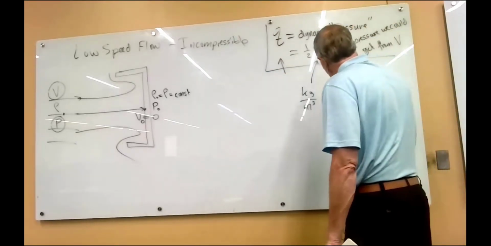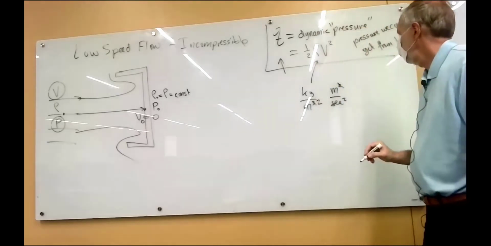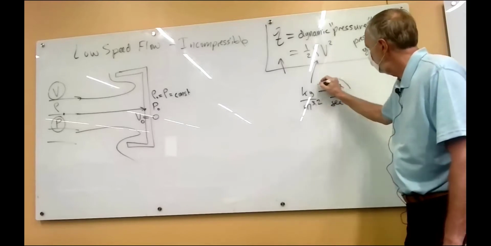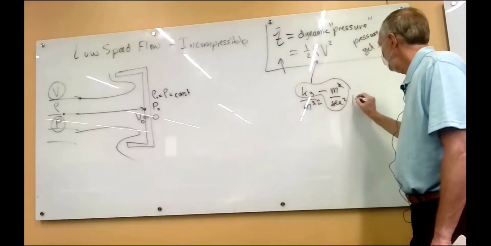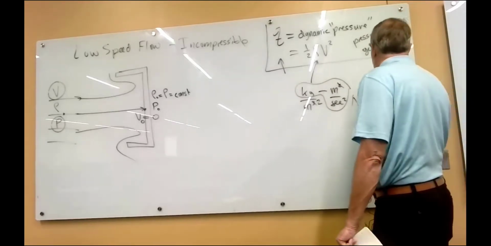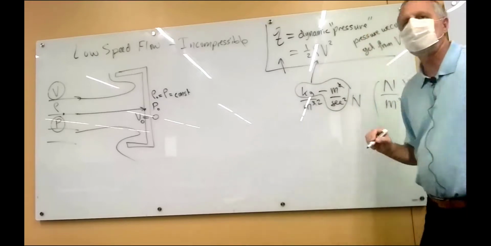And so we can knock out one of these meters so that we get kilogram meter per second squared, and that's a Newton, right, by definition. So the units on this are newtons per meter squared, which is pressure unit.